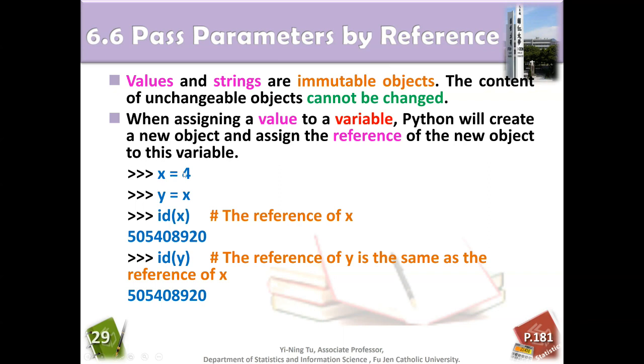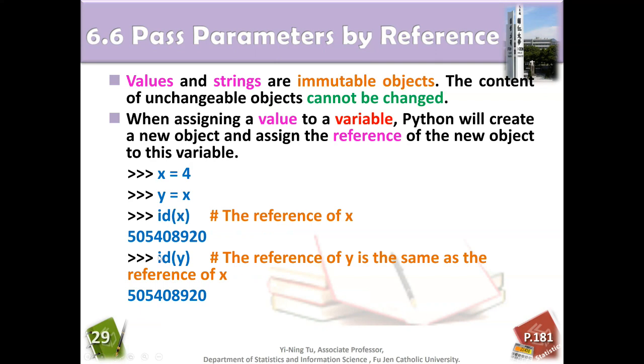So when we assign 4 to x, it means x has to memorize the address of 4 in the computer. And when we call y equal x, y will remember the address that x holds. So when we use the id here, this is the address, right, of x.